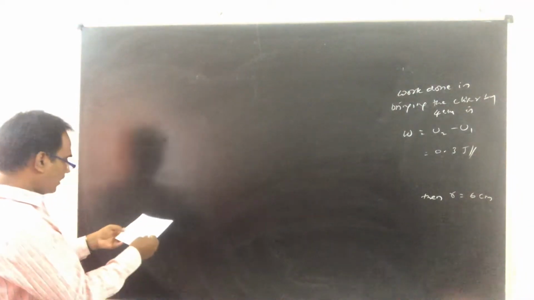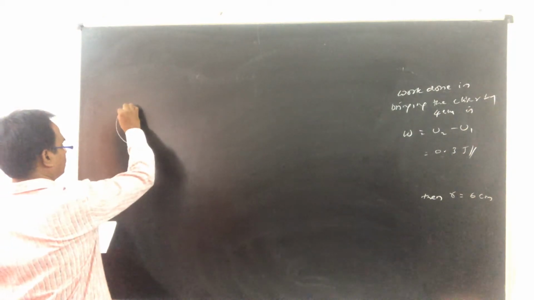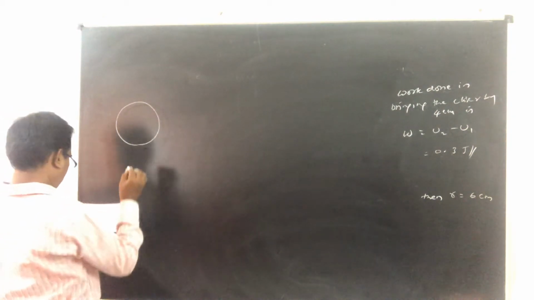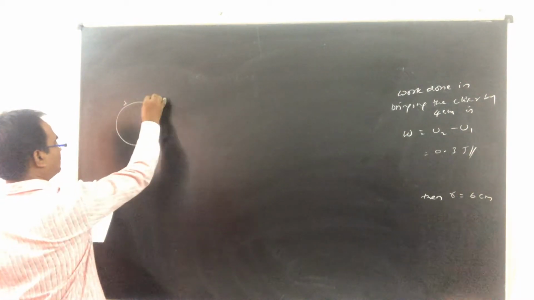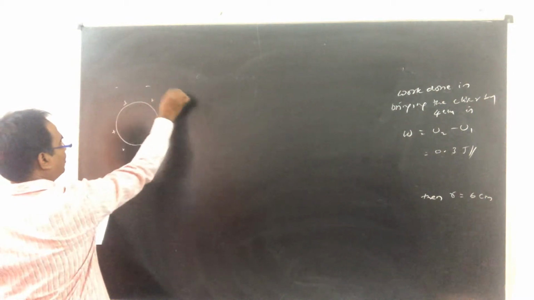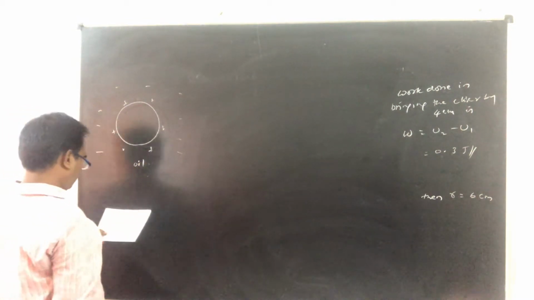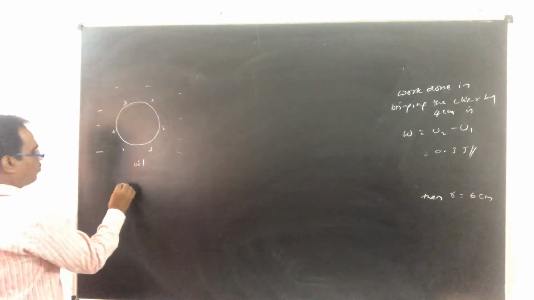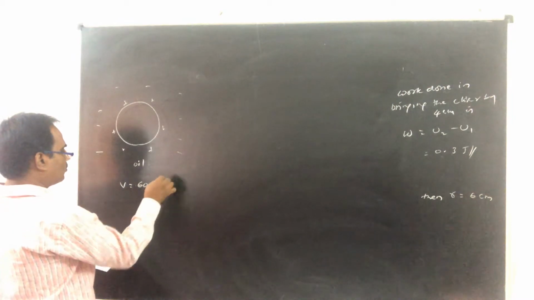So here there is a spherical conductor. It is charged, and it is surrounded by oil. The potential is given as 6000 volt.